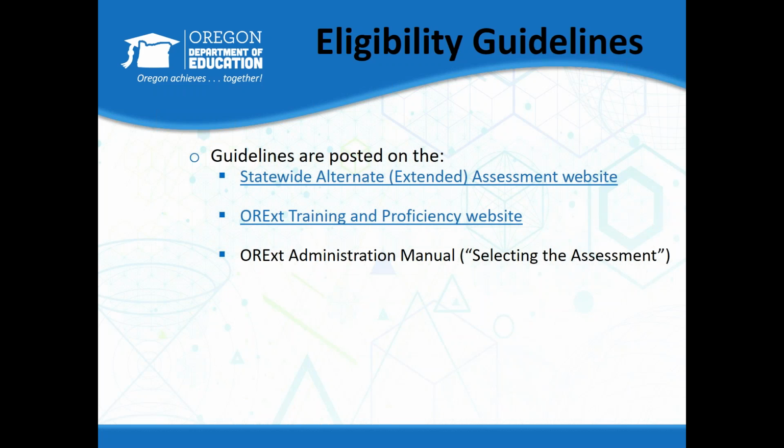If eligible for the Oregon Extended Assessment, the student with significant cognitive disabilities will participate in all content areas. That is, mixed participation is no longer an option, hasn't been an option for some time.